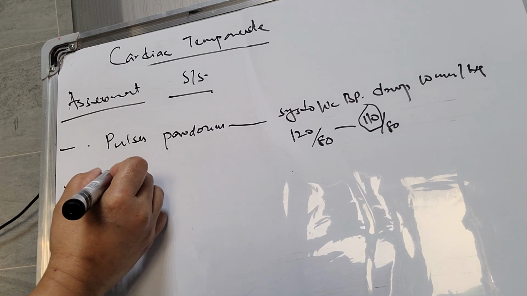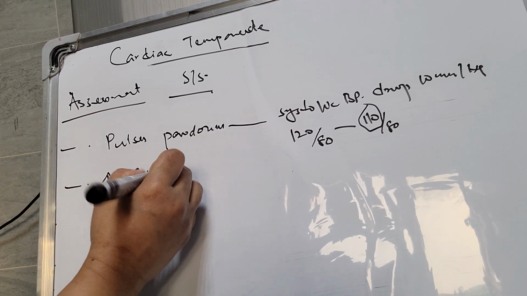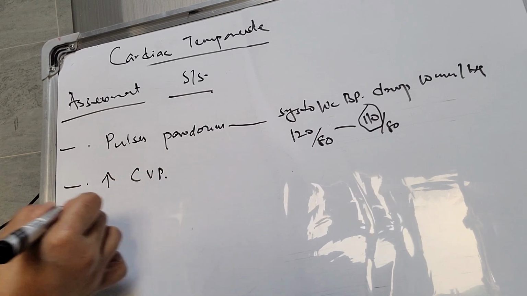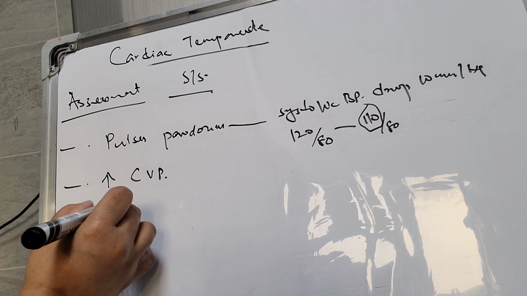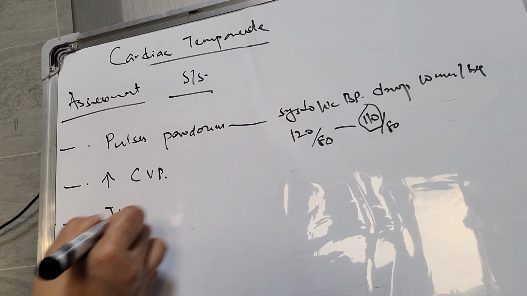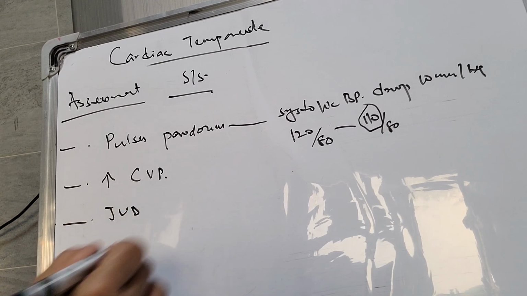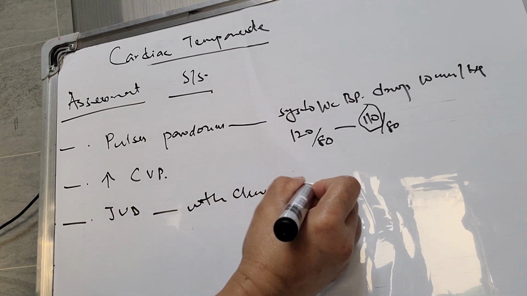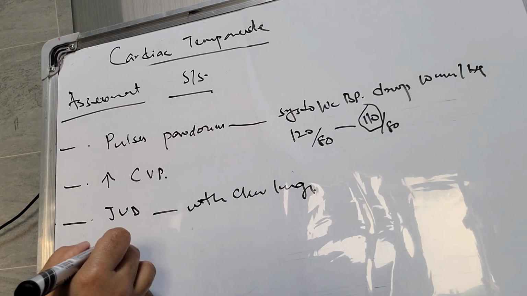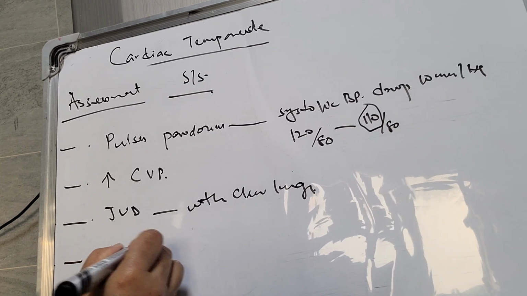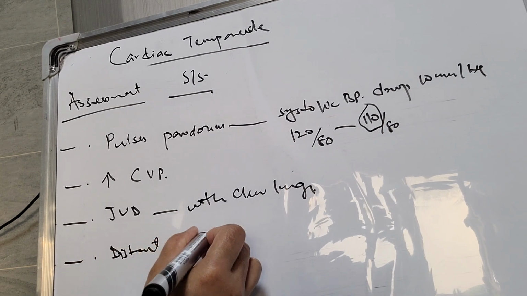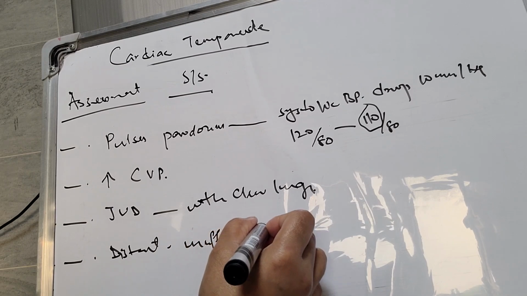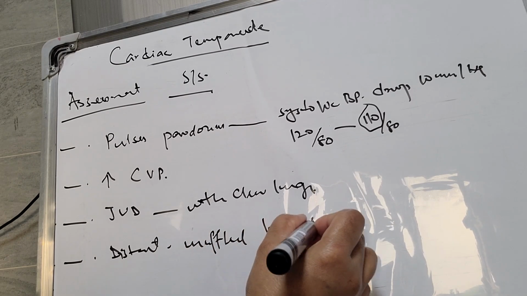Number 2, increased CVP, central venous pressure will be high. JVD means jugular vein distension, but with clear lungs. Distant, muffled heart sounds.